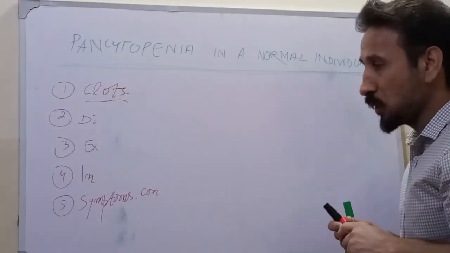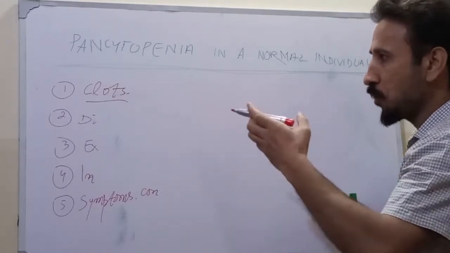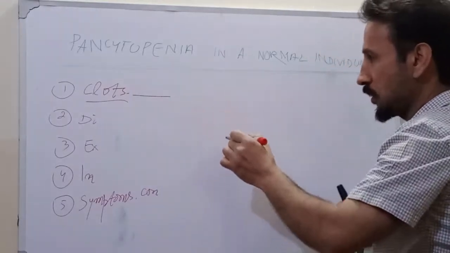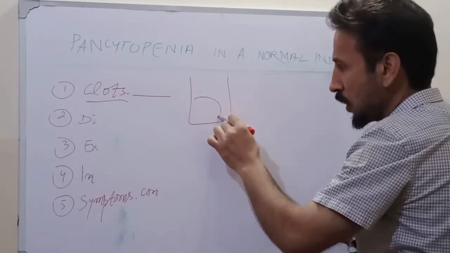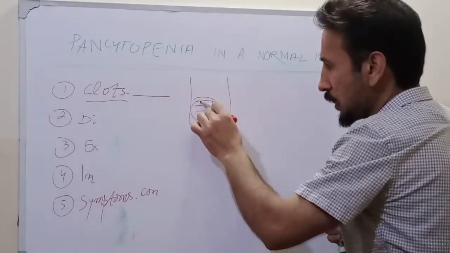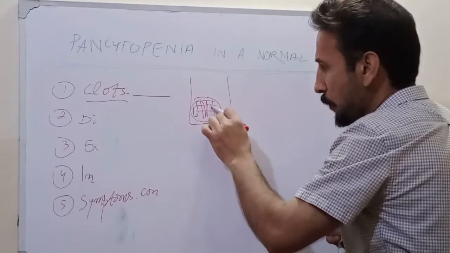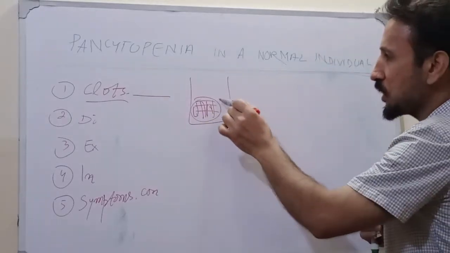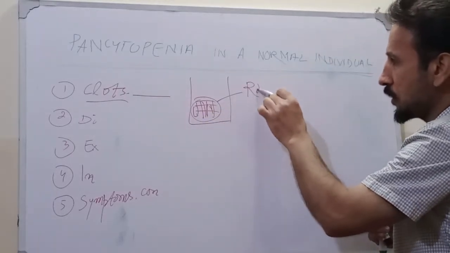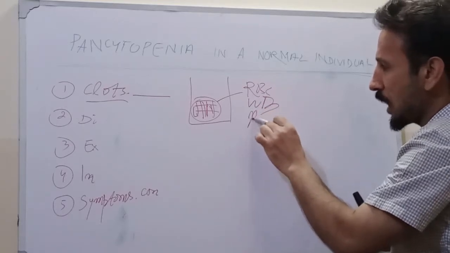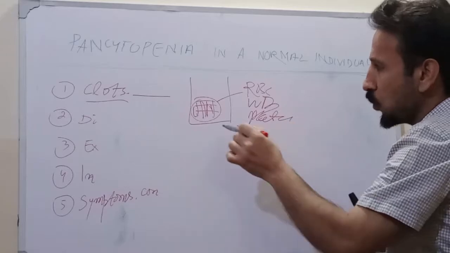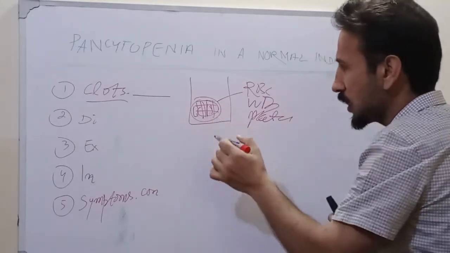pancytopenia is actually clot formation in the sample. There may be a big clot in the sample, for many reasons, which sequesters all the blood elements, the RBCs, WBCs, and the platelets.